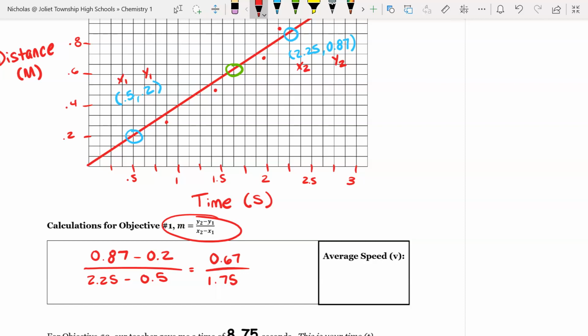Now, the y-coordinates were the distance, which were given in meters, and the bottom was given in seconds. So this is meters over seconds. So now I'm going to do the top, 0.67 divided by 1.75. This gives me 0.38, and my units are meters per second. Okay, I'm going to write this in the box here, 0.38 meters per second.